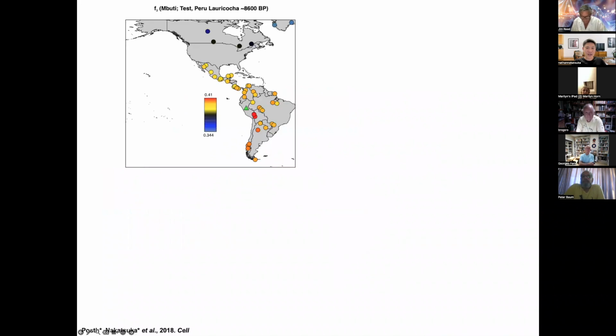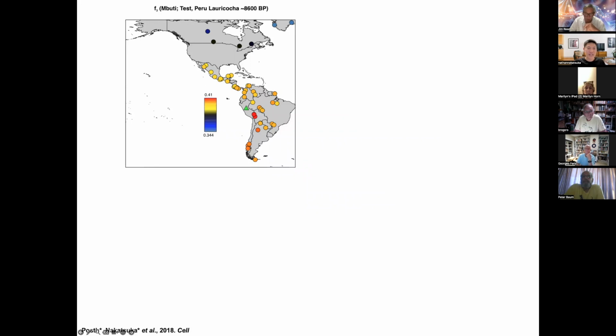So here's a map that shows the genetic affinity of the modern groups to this ancient Peruvian who is 8,600 years old. The ancient Peruvian is in green, and the red indicates that there's more shared genetic drift. Basically, it means that there's more genetic relatedness of the people living close to the area where that ancient Peruvian lived.